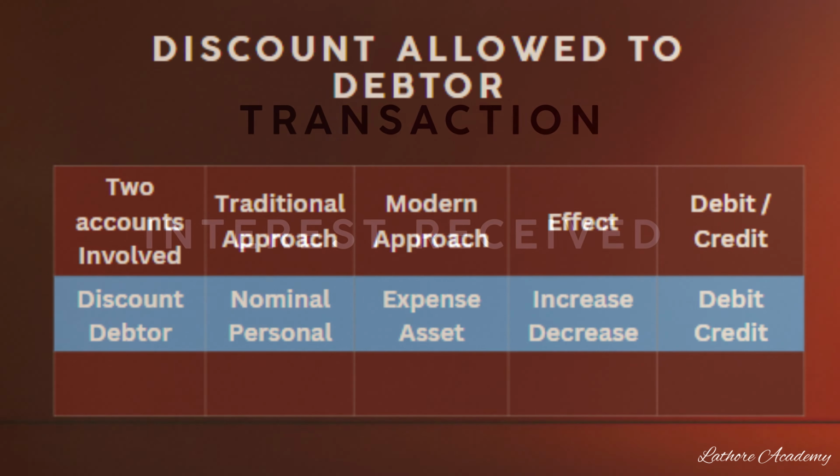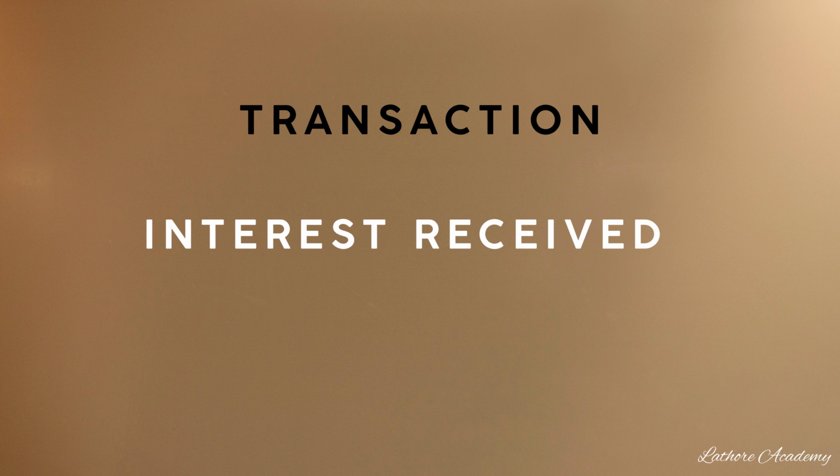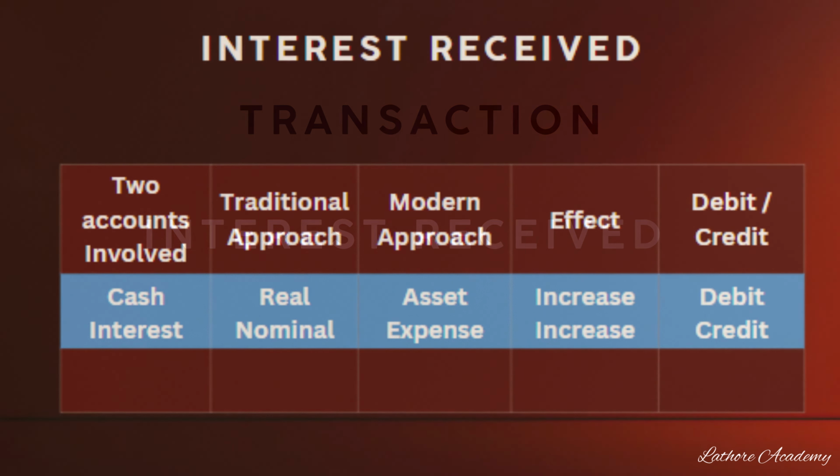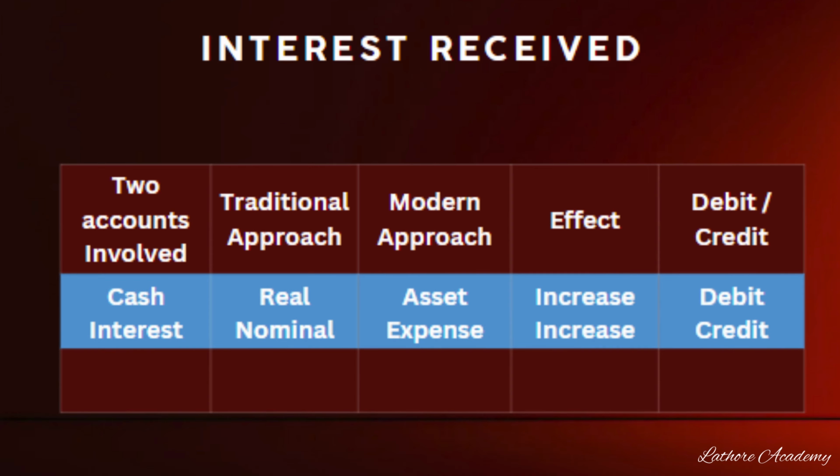Another transaction can be interest received. In the case of interest received in the form of cash, the two accounts involved here are cash and interest income. Cash is an asset as per modern approach, whereas as per traditional approach it is a real account. Whereas interest income is a nominal account as per traditional approach, whereas as per modern approach it is income.